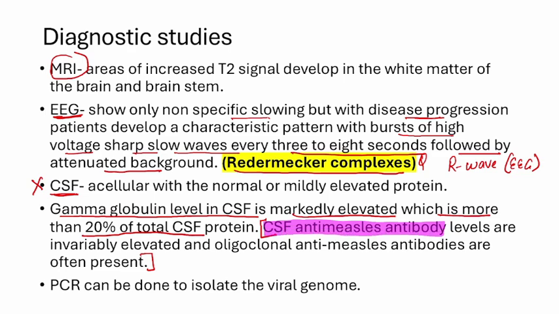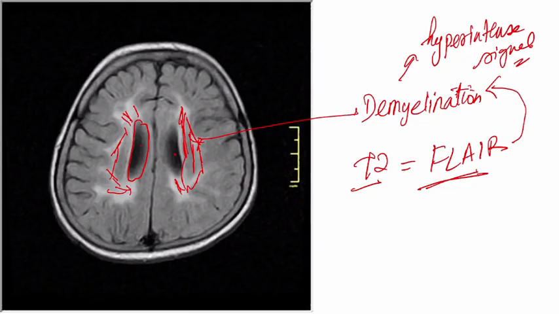CSF anti-measles antibody levels are invariably elevated. Very important. PCR can be done to isolate the viral genome. Okay, no problem. This is what we have discussed, the image of SSPE, periventricular white matters.